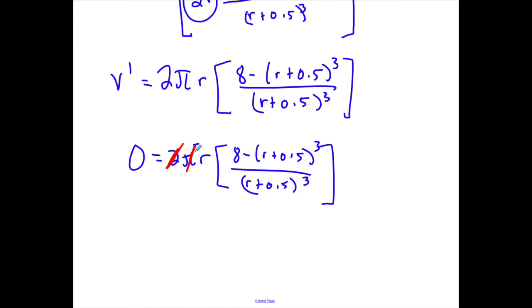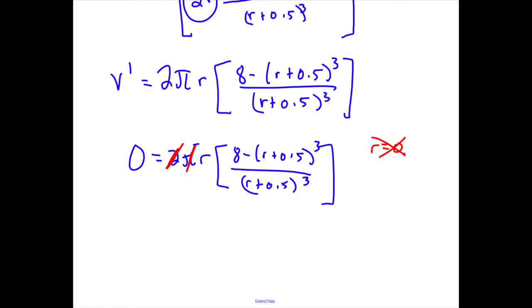So basically, here's where I'm at. I need to either have r be equal to 0, but we can't really have a radius of 0. That doesn't really make sense, right? Because if r was 0, it would be 0 times, who really cares what this is?